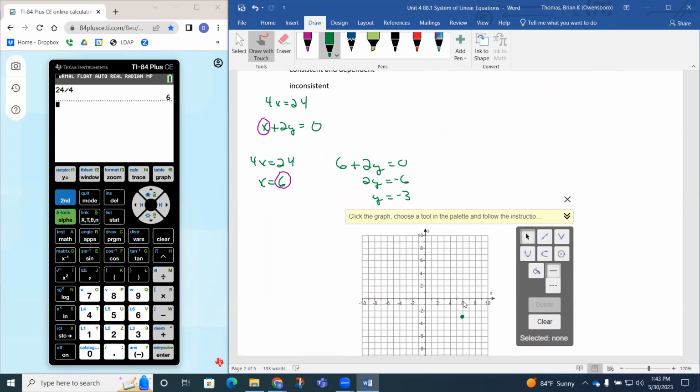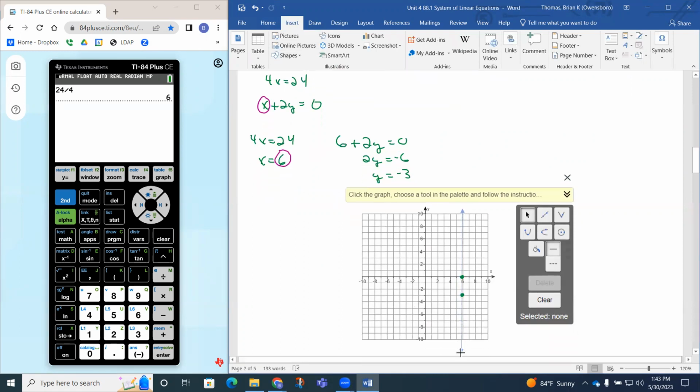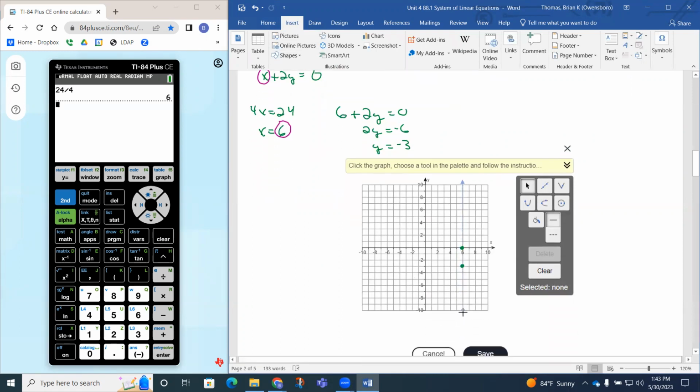A second point, you could just use (6, 0), because as long as x doesn't change, that's going to be the equation of the line. Remember, x equals 6, we talked about vertical asymptotes and things like that. That represents a vertical line. So if I want to draw a vertical line here, we can. It's just going to pass through here. Don't need it that long.